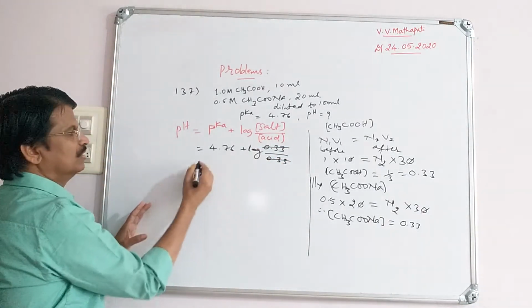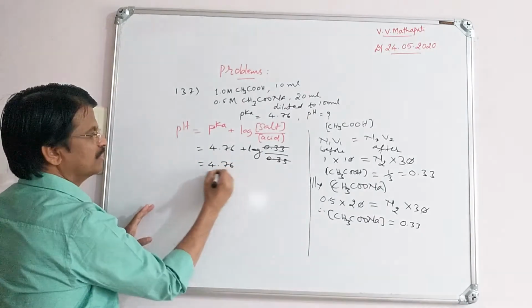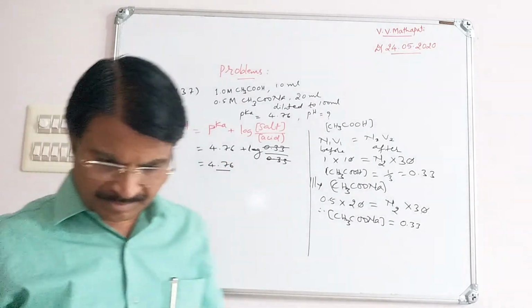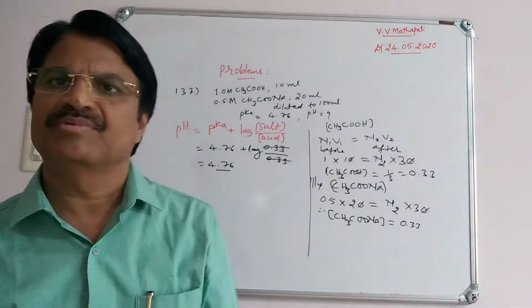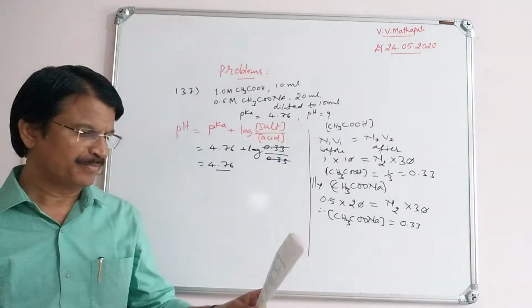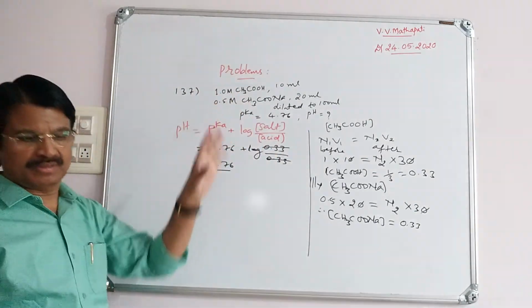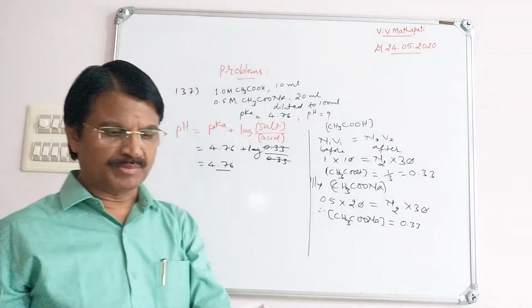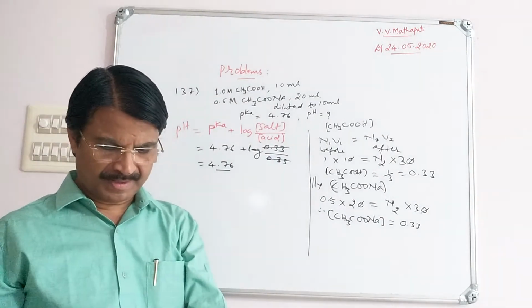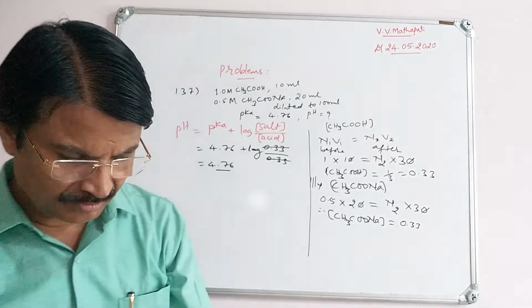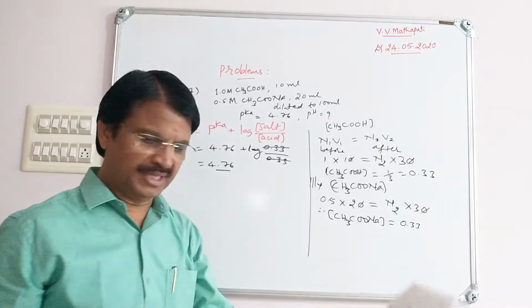Log 1 is 0, therefore the answer is 4.76. Yes, answer 4.76. So this is a different type of question on buffer solutions. Next, one more question based on the pH formula.